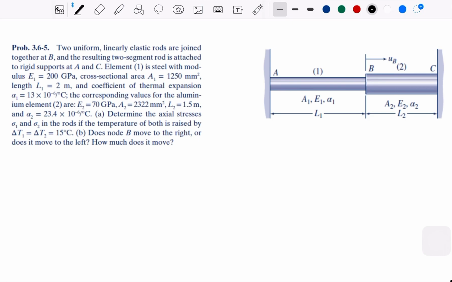If you look at the figure, there are no external forces, right? So you can directly write the equilibrium already.